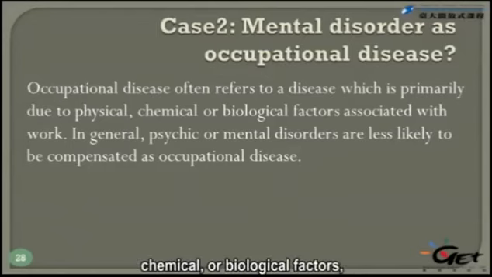But nowadays, because of the increased problem of work stress, this kind of disease has been increasingly recognized as occupational disease in Japan, in Korea, and also in Taiwan. And we know that the mental health problem in mainland China is also a big issue.